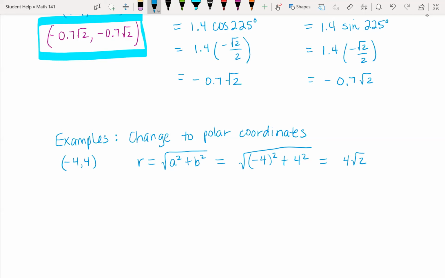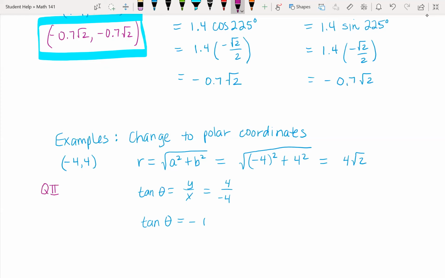And then we need to find the angle, and so we'll use the fact that the tangent of the angle is y over x. Or in this case, the tangent of the angle is 4 over -4. So we're asking, when is the tangent of an angle equal to -1? And we know that happens in 2 locations, but this particular point is in the second quadrant, right?